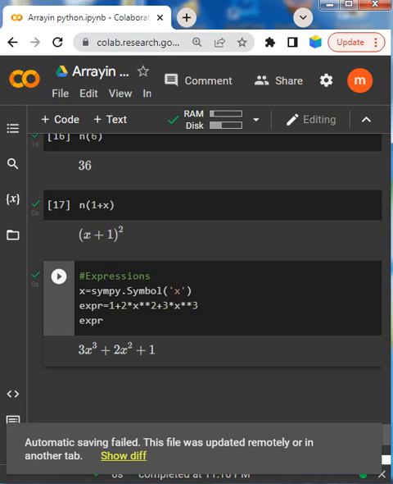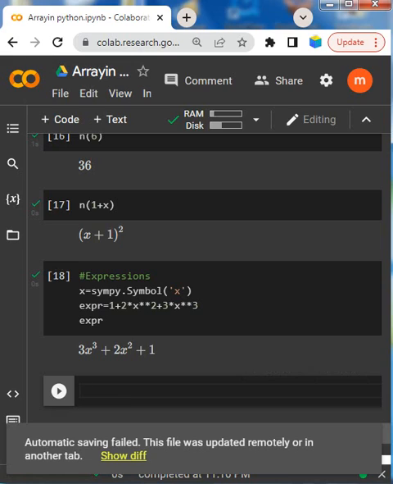Let's try it with an expression: expr dot args. Let's see what happens.